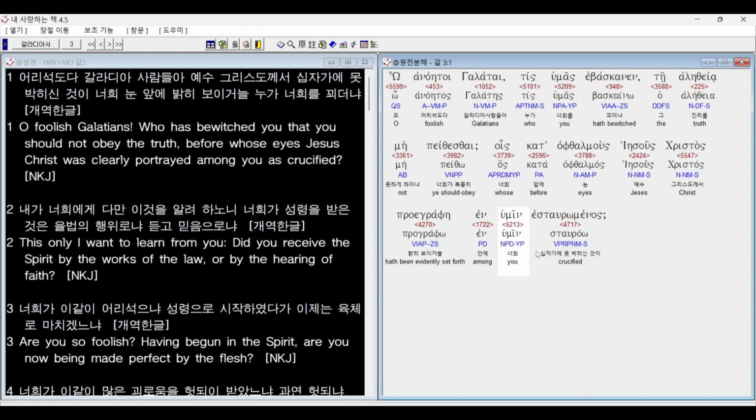And then not just crucified, it is VPRP: verb, participle, present perfect, passive. So, Jesus Christos, Jesus Christ, has been crucified in you.